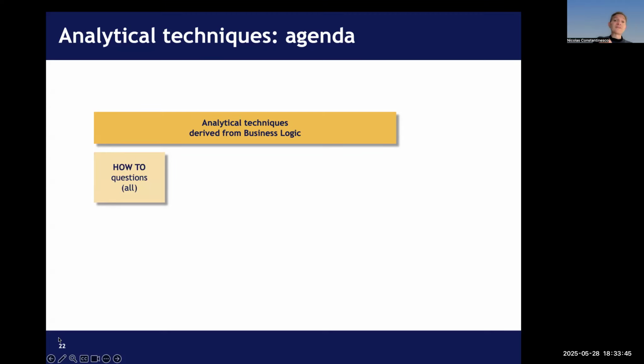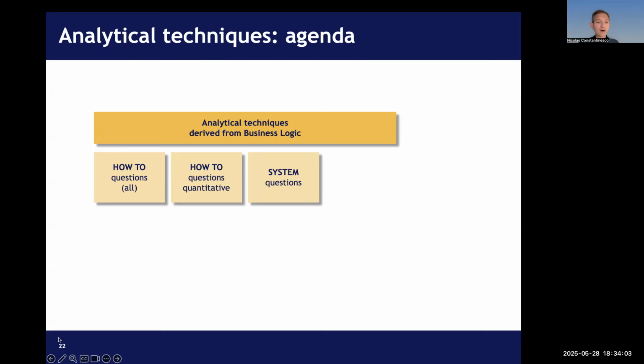And then there's a subset of the how-to questions, which are the how-to that are of a numerical nature. And for those, there's an extra set of techniques, so I'm going to share with you two additional techniques for those. Then there's what's called the system questions. These are god awful. And I really hope that you're not working on one of those for your final report.